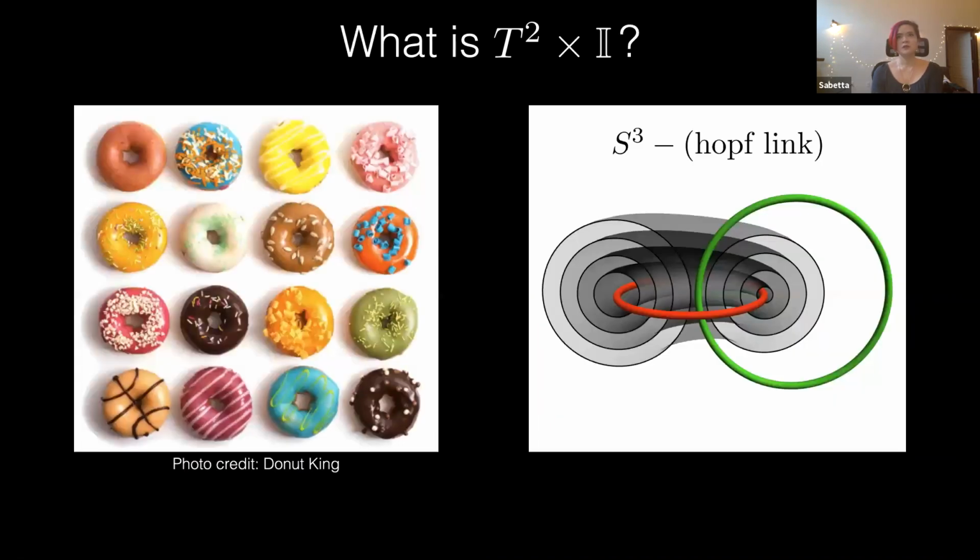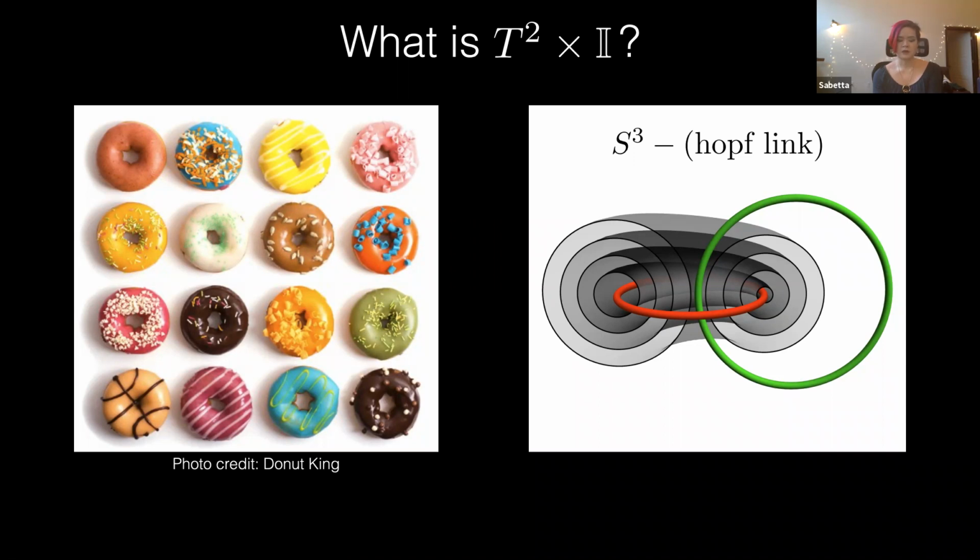So what we can do if we want to study knots in S3, which is the normal place where people study knots, is I can have this T2 cross I structure reproduced in S3, and I can do that by removing a Hopf link from it.